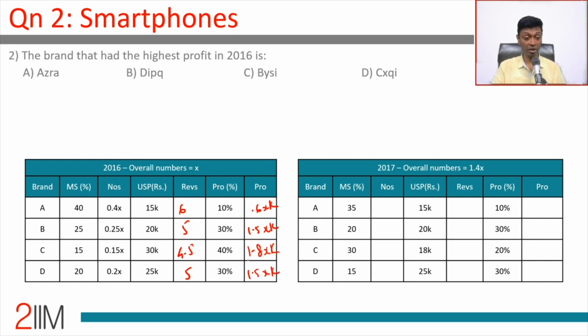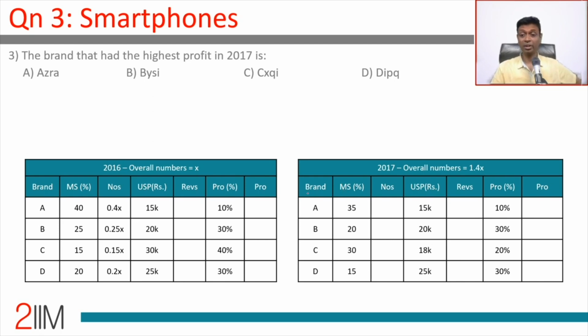Highest profit in 2016 is Cxqi, this number. 40% profitability is a sizable number. That's a lot. So it helps to track that. So we pretty much fill this and this. We've answered 2 questions, but in that process, we filled out 2 columns for 2016.